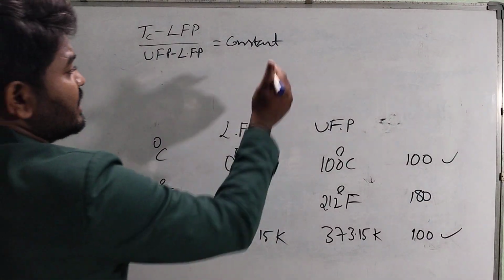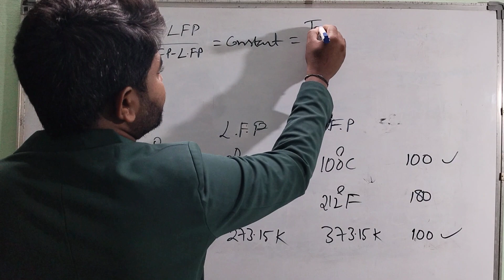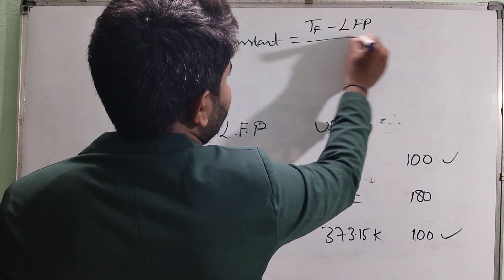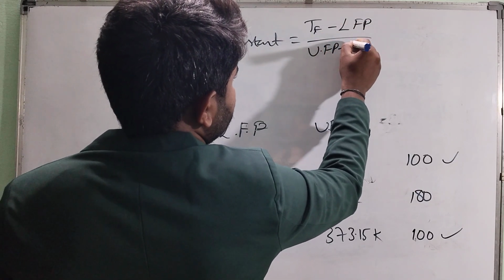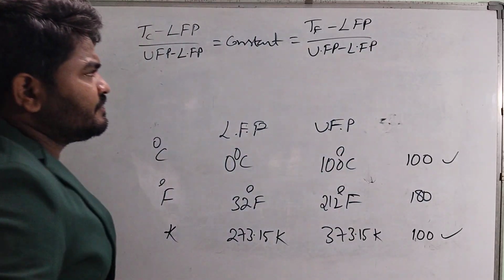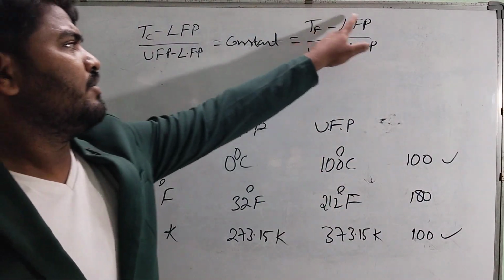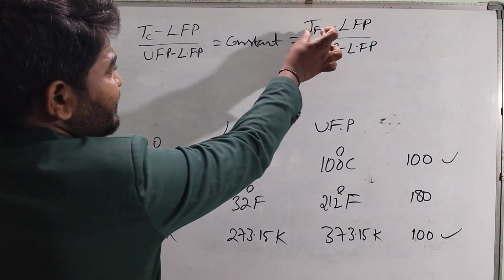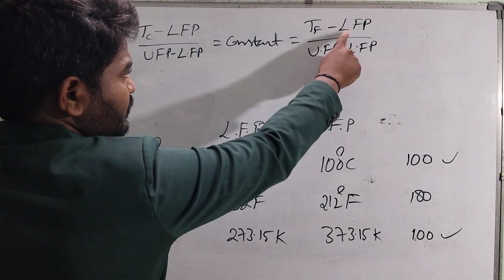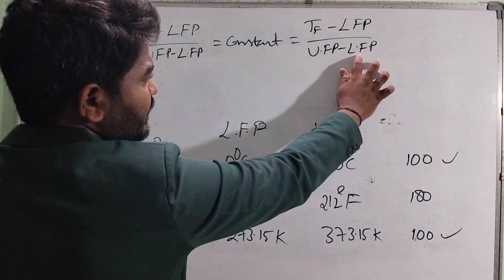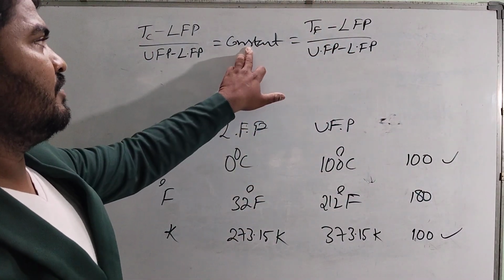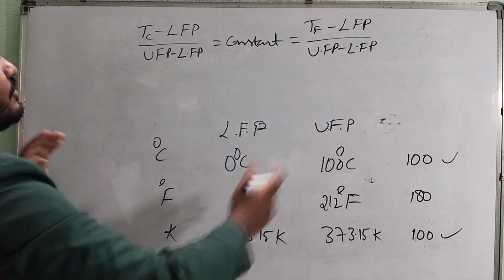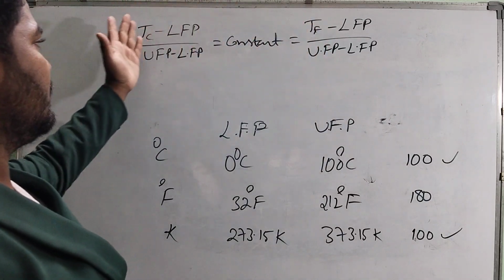For other scales it will be the same: temperature in Fahrenheit minus lower fixed point, divided by upper fixed point minus lower fixed point in Fahrenheit. If you substitute the values, 32 and 212 minus 32, which is 180, you will get the same value as in the Celsius scale, right? So by using this formula, you can convert from Celsius to Fahrenheit or Fahrenheit to Celsius.